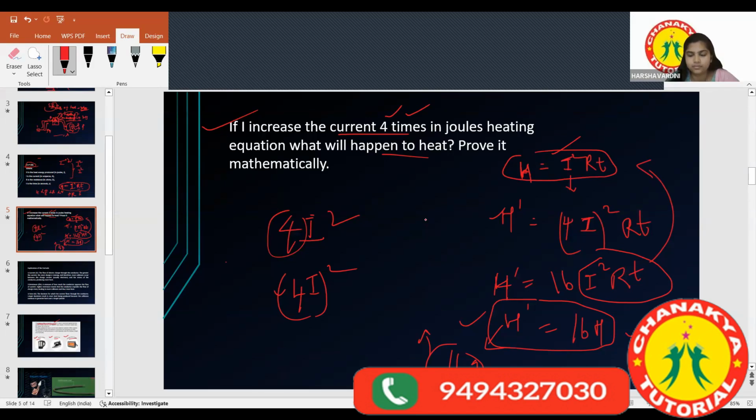So we directly proved it as H1. We kept H' for finding the new heat, and we found the value of 4i² as 16i² RT. So now we can easily find that H' is 16H. Now, got it, Aishwarya?